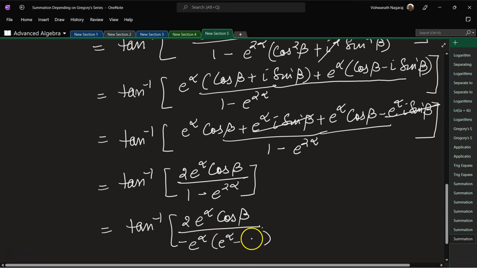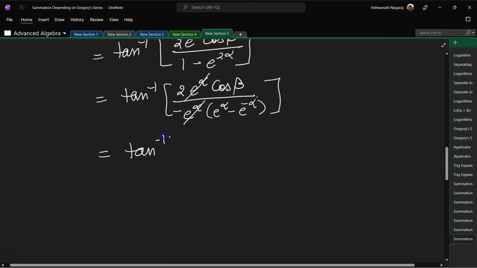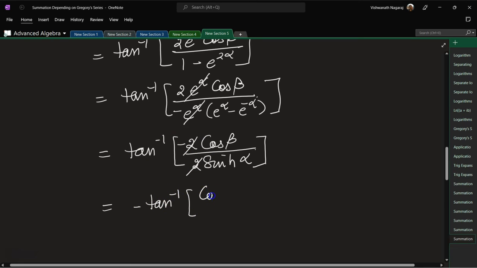This can be written as tan inverse of 2 cos beta by, this minus we can take up, and e to the power of alpha minus e to the power of minus alpha is 2 hyperbolic sine alpha. Now 2 and 2 get cancelled out, minus we can take it out. So tan inverse of cos beta by hyperbolic sine of alpha.